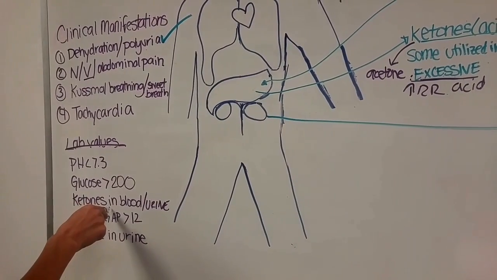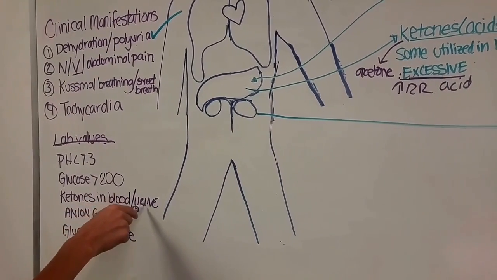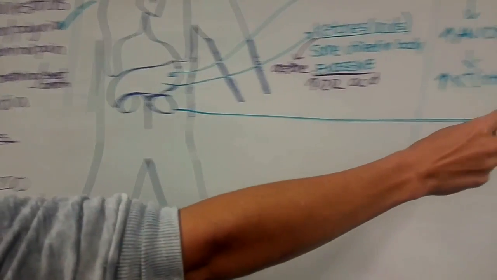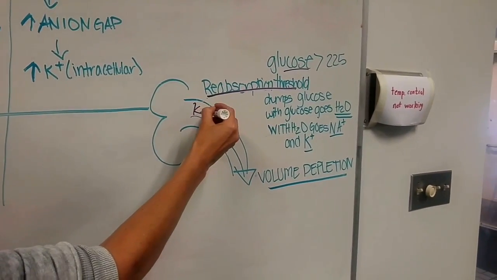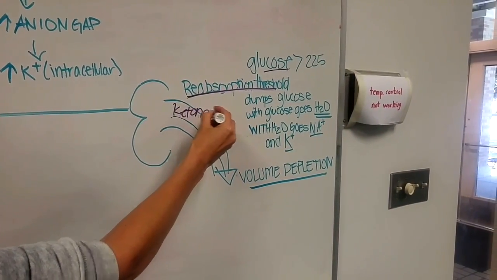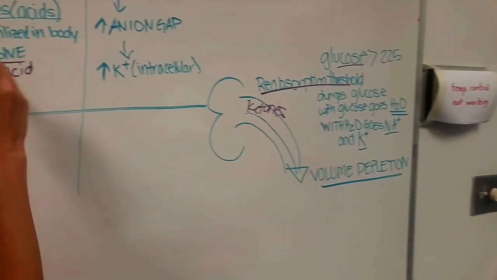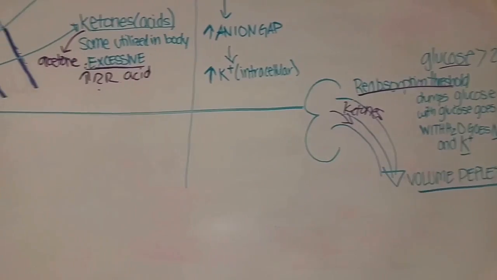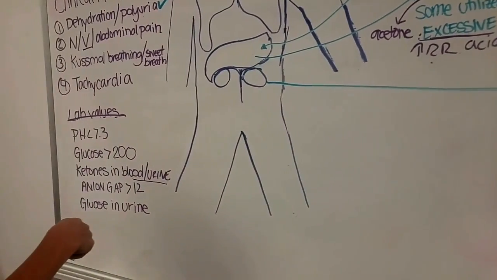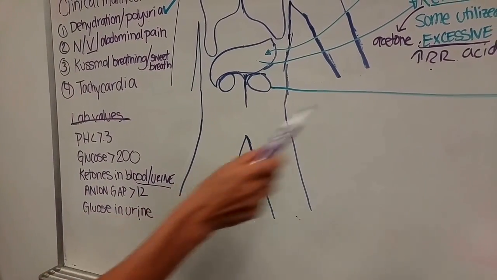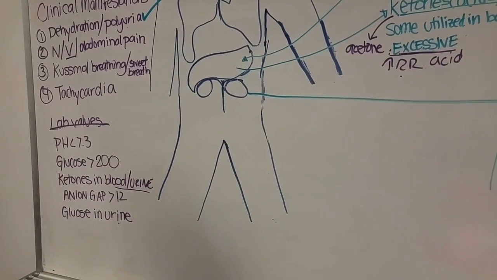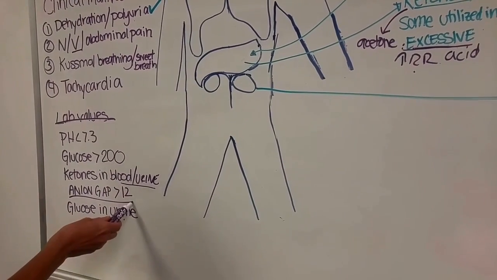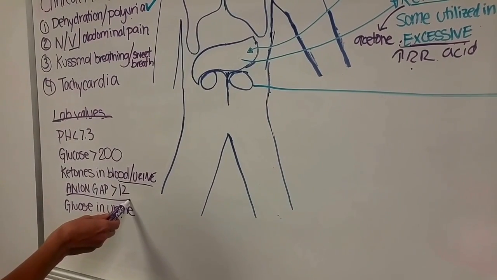Ketones in your blood and urine, you're going to see as the body tries to again compensate, trying to get rid of the ketones in the urine and the ketones in the blood will be there. Lastly, we already talked about glucose in the urine. And then let's talk about the fact that your anion gap is going to be greater than 12, which leads to the treatment of this.